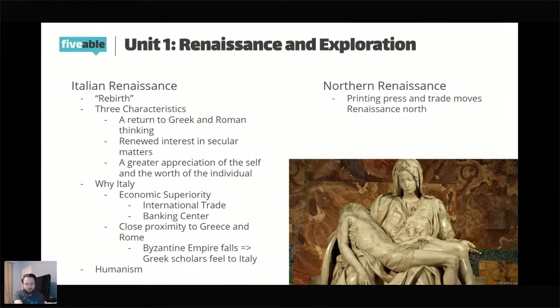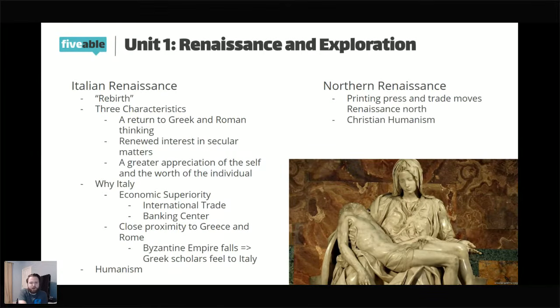Now, for the Northern Renaissance, is going to be a little bit different here. So first of all, the printing press and trade is what's going to move the Renaissance northward into France and Britain and Central Europe-ish. We say Germany, but Central Europe.